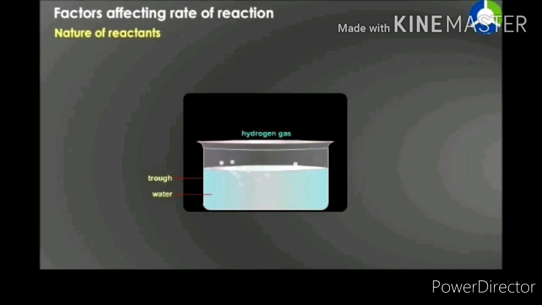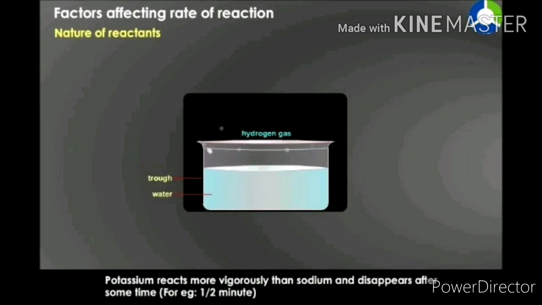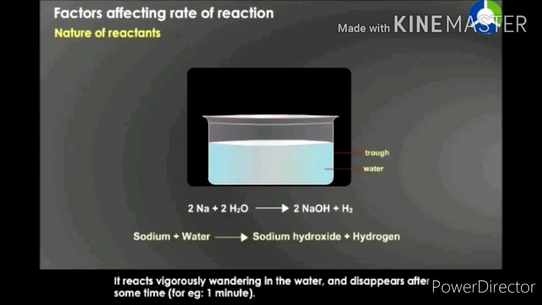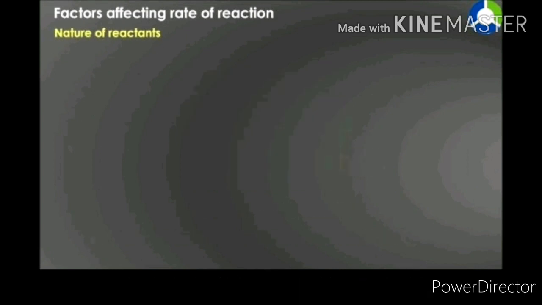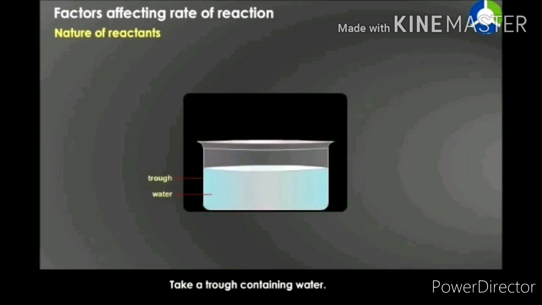Potassium reacts more vigorously than sodium and disappears after some time, for example half a minute. This means potassium reacted more vigorously than sodium. Why is this so? This is because the electropositivity of potassium is higher than that of sodium. So you see how the nature of the reactants affects the rate of a chemical reaction.